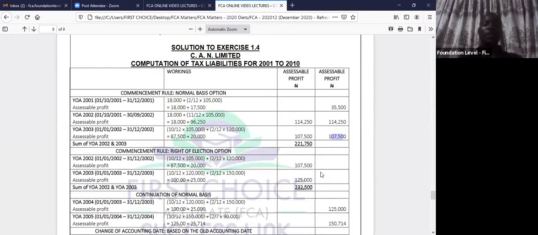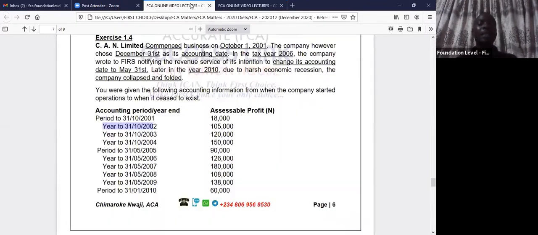Let's look at the right of election. We said the right of election is only affecting second year and third year. And we said if you have done the first year on actual year basis, do the second year and third year on actual year basis. So this is 2002. You must start from January 1, 22 to December 31st, 22. Where can we get that?